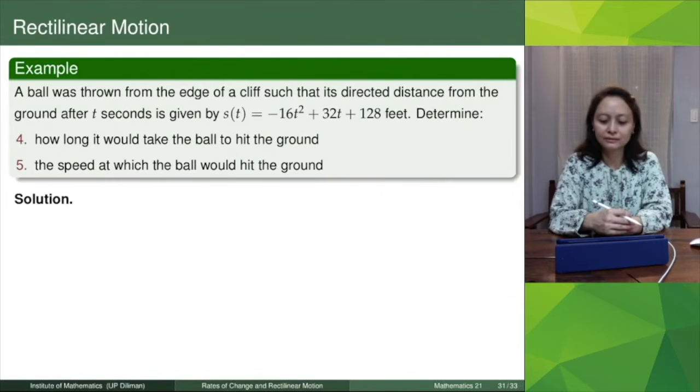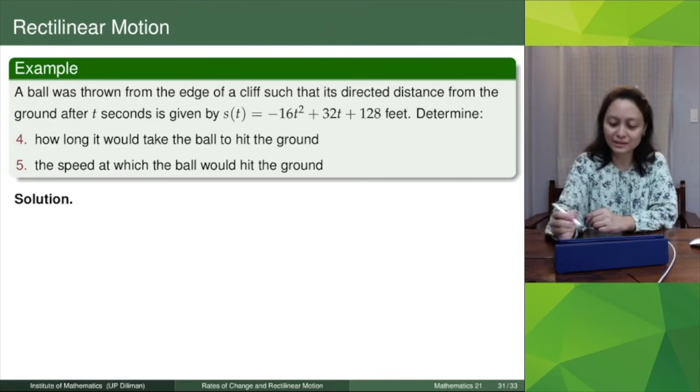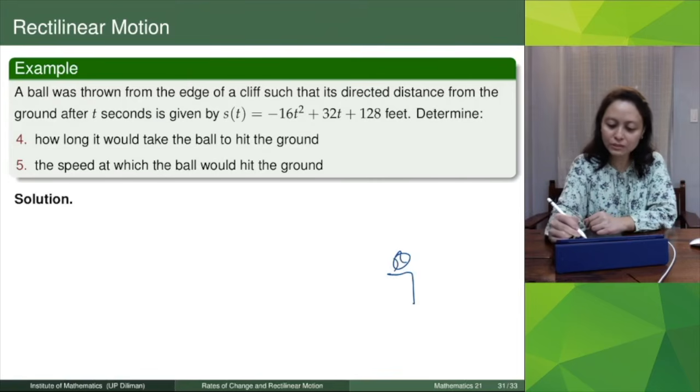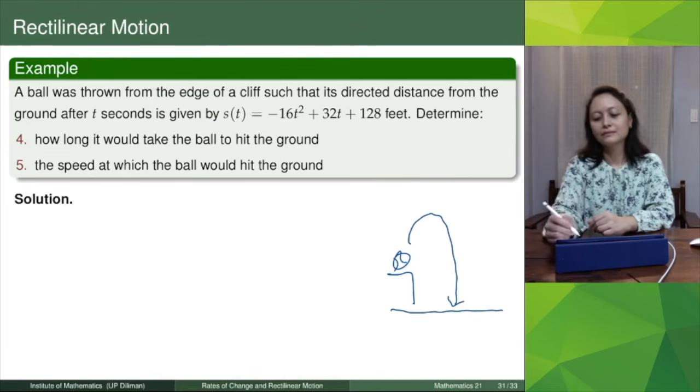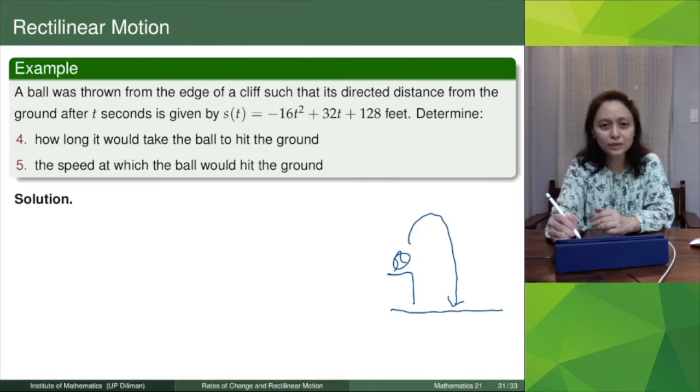Next. Okay, so how long would it take the ball to hit the ground and the speed at which the ball would hit the ground? Okay, tignan ulit natin. So, the ball was thrown from the edge of the cliff. Tapos, babalik siya sa ground. So, tinatanong how long would it take the ball to hit the ground?